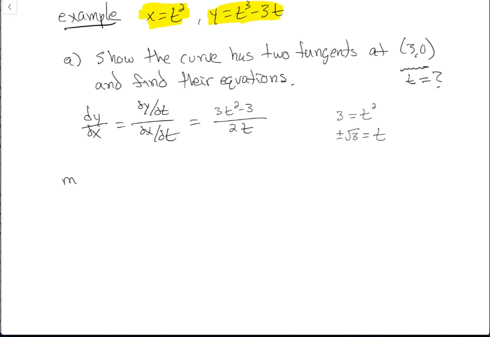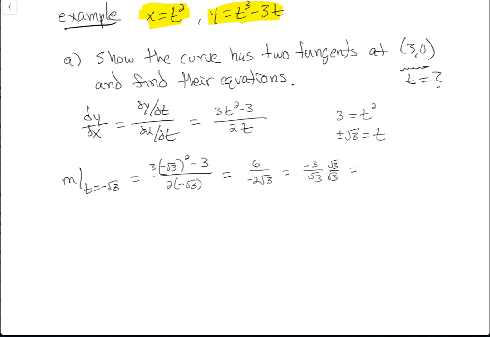So then the slope at t equals negative root 3 is going to be 3 times negative root 3 squared minus 3, all over 2 times negative root 3. So negative root 3 squared is 3, times 3 is 9, minus 3 is 6, over negative 2 root 3, and that's negative 3 over root 3, which I could rationalize if I multiply by root 3 over root 3.